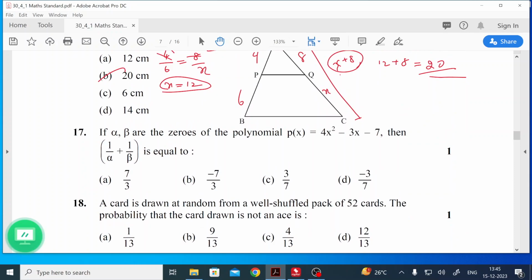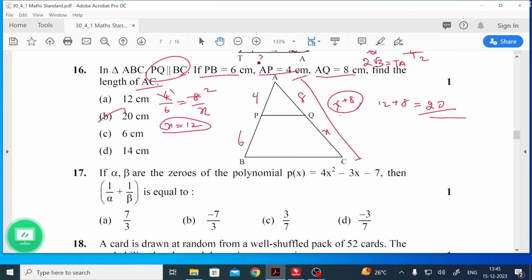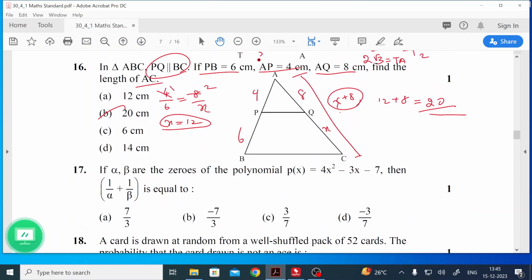Alpha and beta are zeros. And something they are given. I told you last question also they asked one type of question. What did I do there? Do you remember? Very good. Cross multiply I did. After that what did I get? Alpha plus beta divided by alpha into beta.